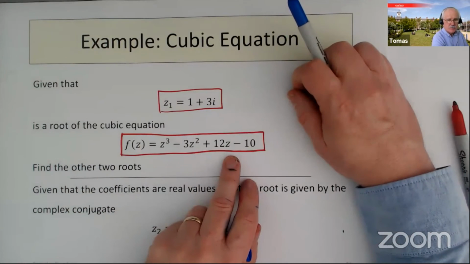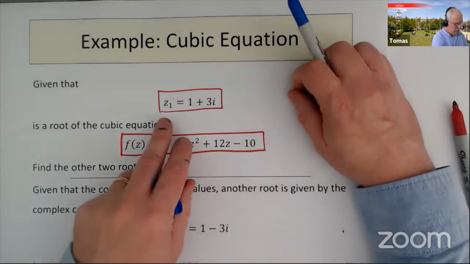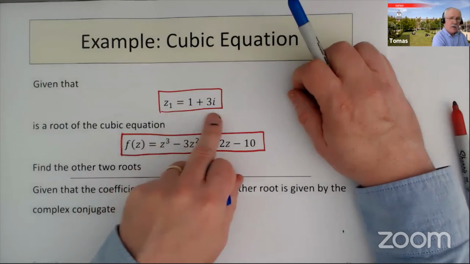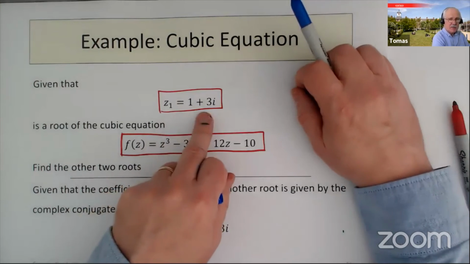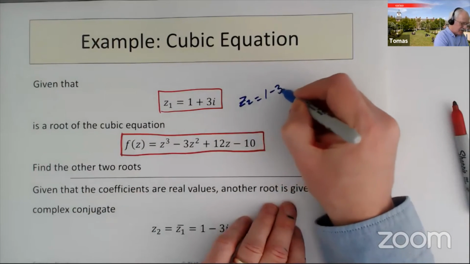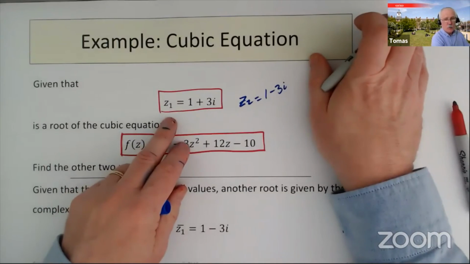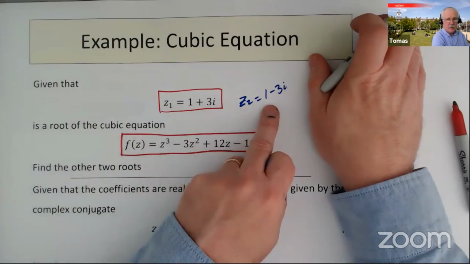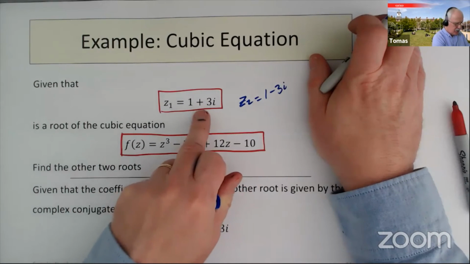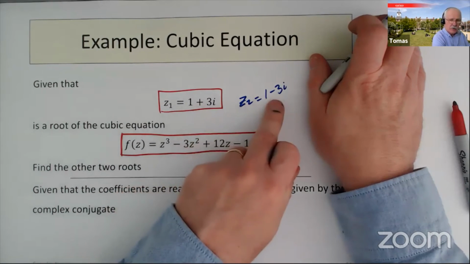Find the other two. But if this is a root, its complex conjugate has to be there as well. So another root has to be z2 is 1 minus 3i. So if they tell you one, you know a second one. So automatically you're nearly there. You know one root, you know the other root.